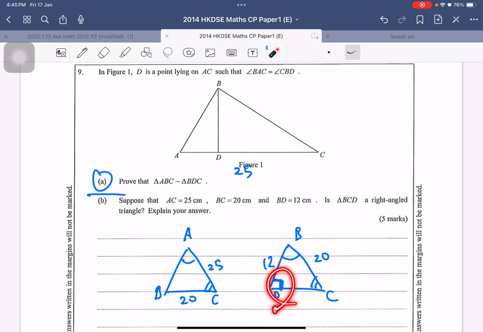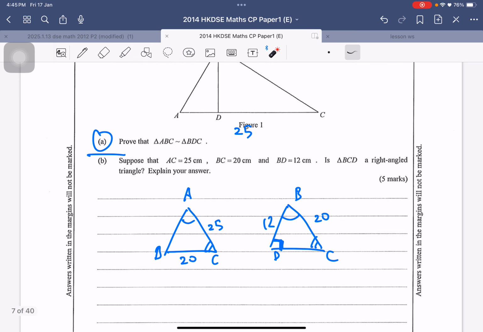Pythagoras. Can you use Pythagoras right now? No, because we haven't had the right angle yet. So, if this is 3, this is 4, this is 5, is this a right angle triangle? You don't know.